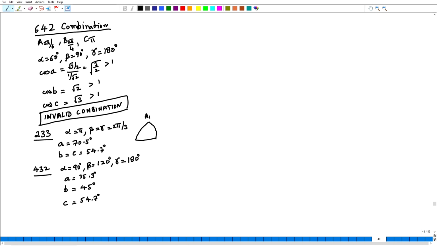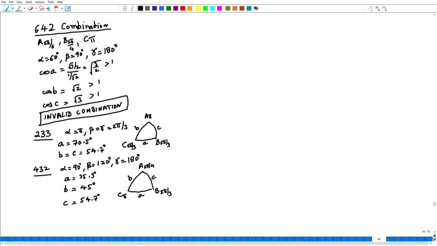This is A, pi, so a 2-fold rotation axis, and here I can put B, 2 pi by 3, a 3-fold rotation axis, and C, 2 pi by 3, which is also a 3-fold rotation axis, and the angles are labeled as A, B and C. Similarly, for 4, 3, 2, this is A, 2 pi by 4, so 4-fold, then B, 2 pi by 3, 3-fold, and C, pi, and these angles are small a, small b, small c, the angles between the rotation axes.